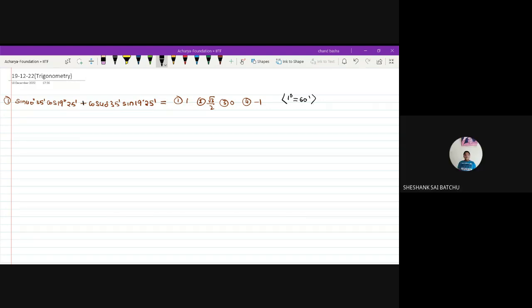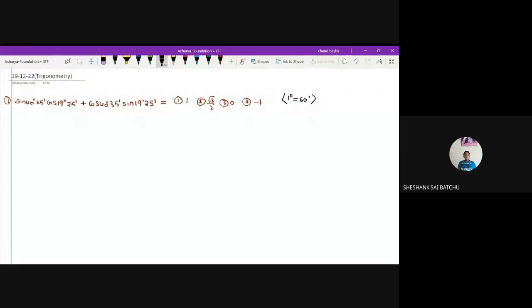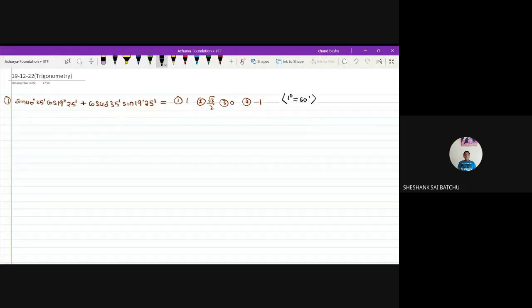Sir, can I? Yes, Shashank. Formula. Only formula. Sir, first we should add sine and cos, and we should take the values from the trigonometric table, sir. So, what is the formula, Manogna?